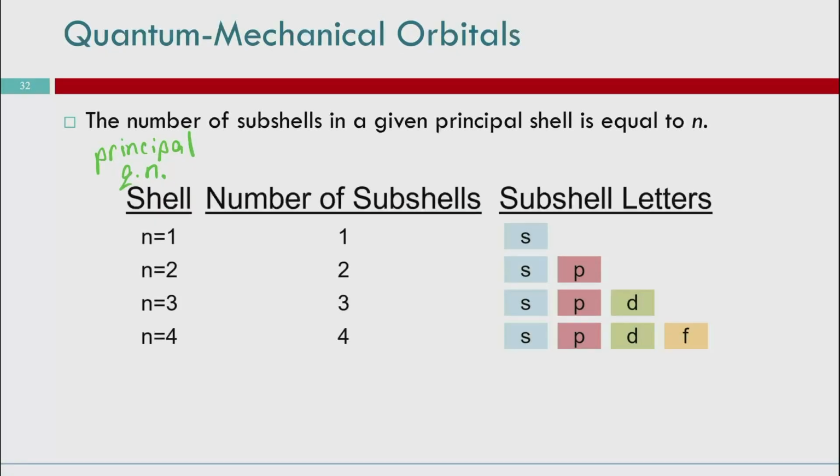An important note here, just in case people were curious, for n equals 5 or greater, the number of subshells is still capped at 4.